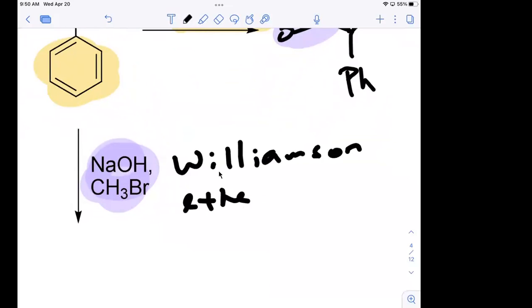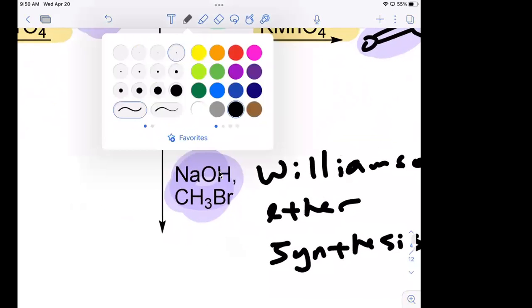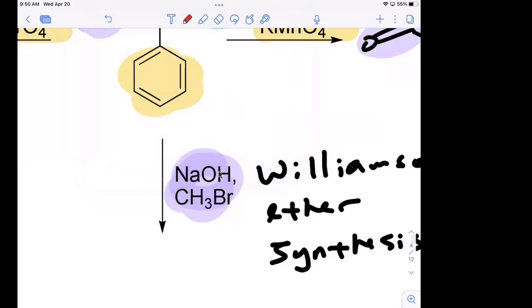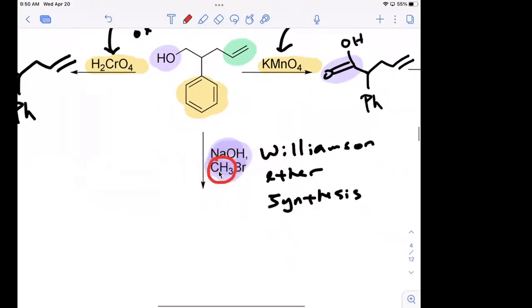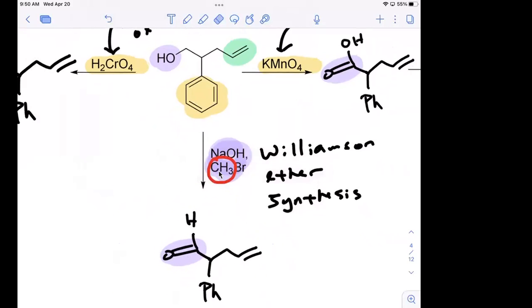And even if you don't know the mechanism, you can look at the alkyl halide and see what's attached to the halogen, and that'll tell you what's going to be attached to oxygen in your ether. So that's going to look like this. Let me just fix this up. I'm going to keep stealing it.